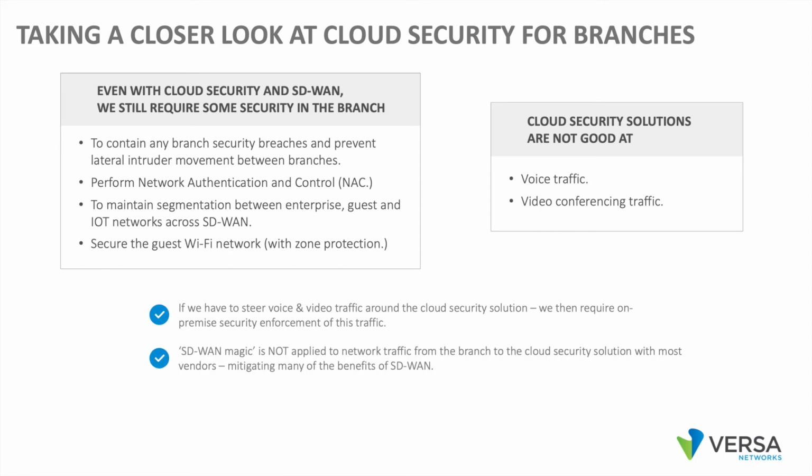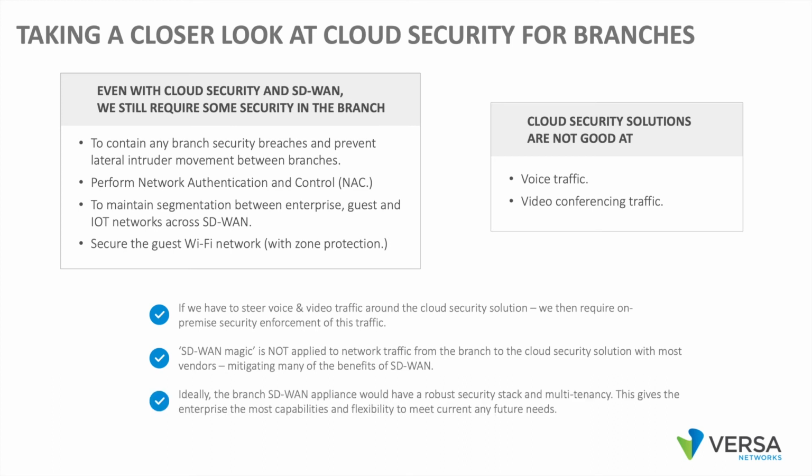In cloud security, SD-WAN magic is not applied to network traffic from the branch to the cloud security solution, period, mitigating many of the benefits of SD-WAN. Ideally, the branch SD-WAN appliance would have a robust security stack and be multi-tenant. This gives the enterprise the most capabilities and flexibility to meet current and future needs.